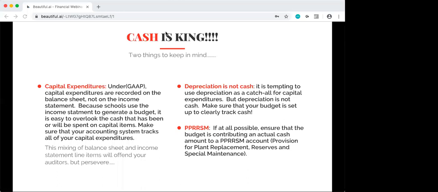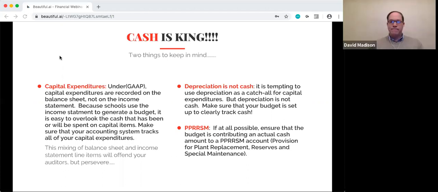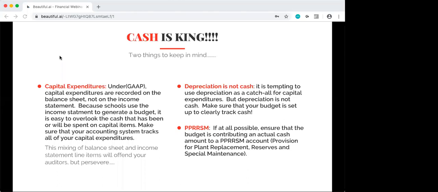Yeah, I just don't understand Prism all that much, frankly, because when you said, can you hear me? Yes. Okay. When you said that if you had unexpected repairs to the air conditioner, etc., that were over what you had budgeted, then you would capitalize that.